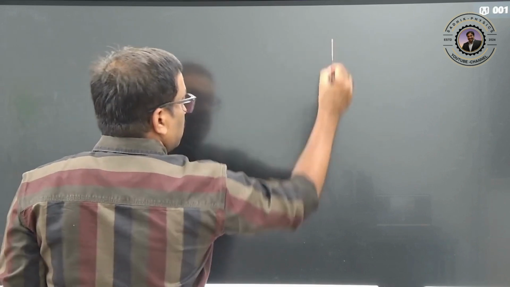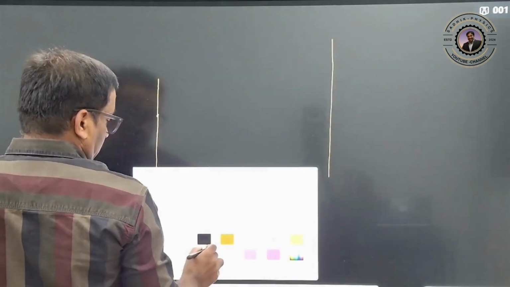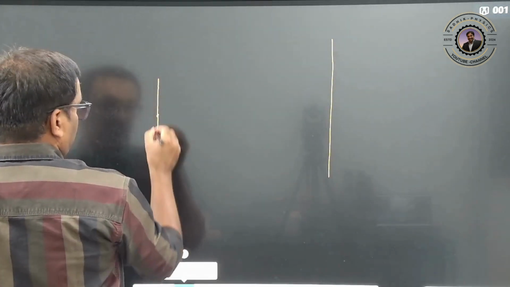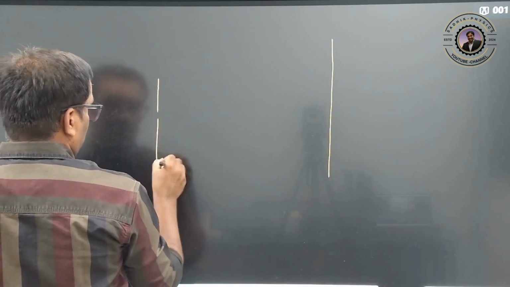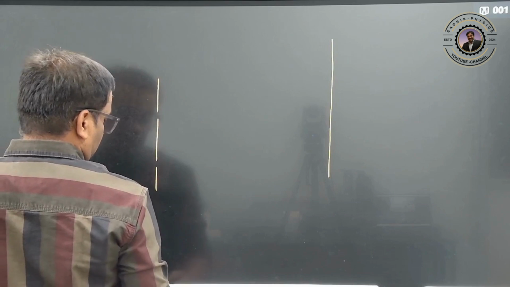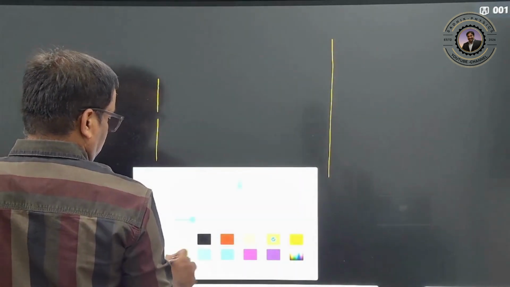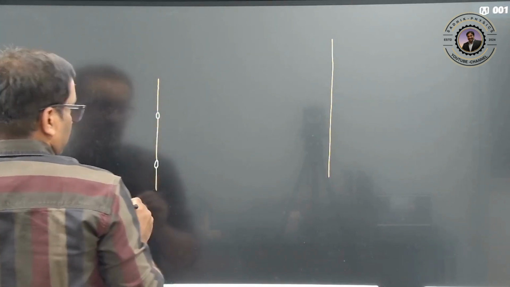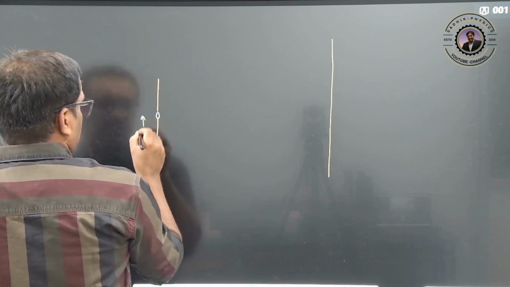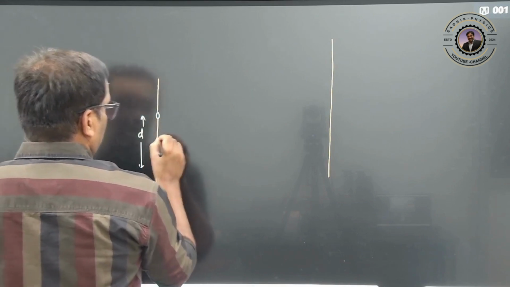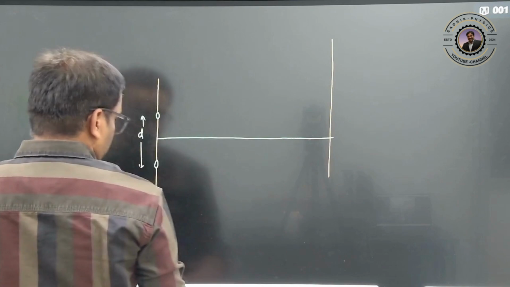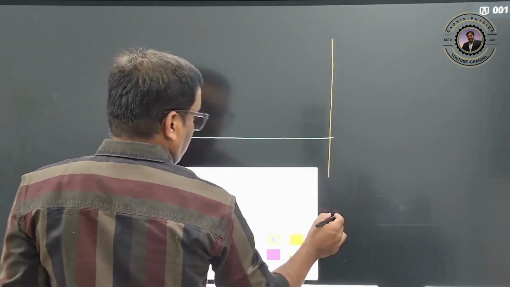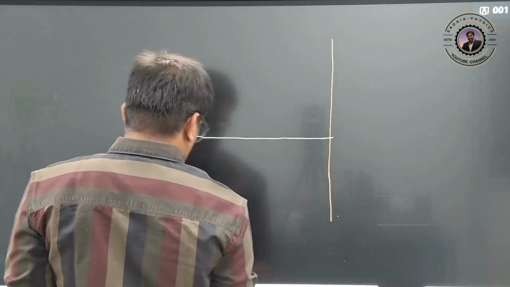So this is one screen, here there are 2 slits. This distance, let us assume, is D, and this distance is d.